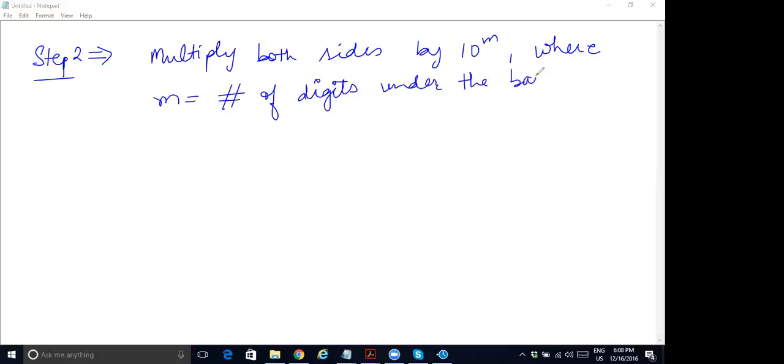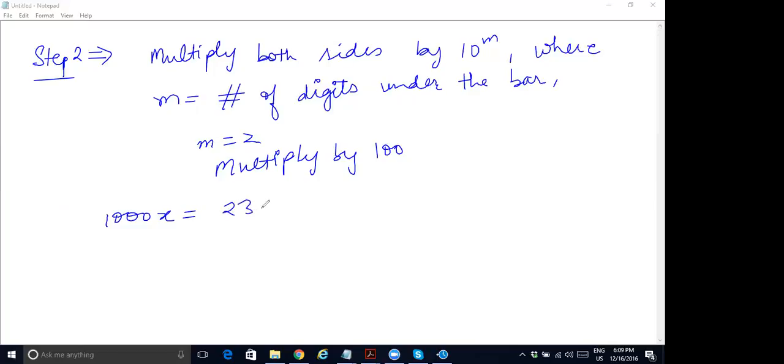So m is equal to 2, which means multiply by 100. So, 1000x is equal to 23.23 bar. Now this is our equation 2.